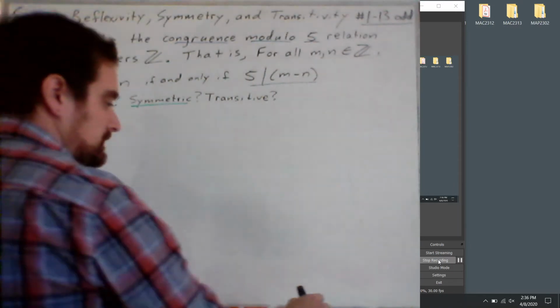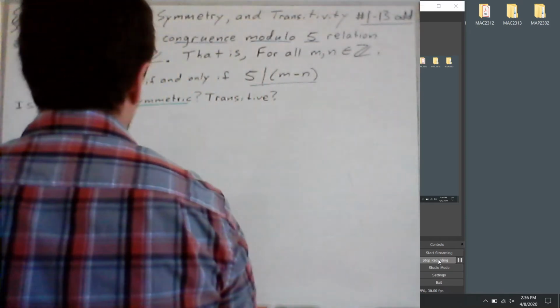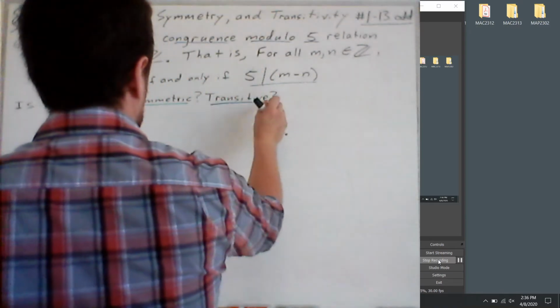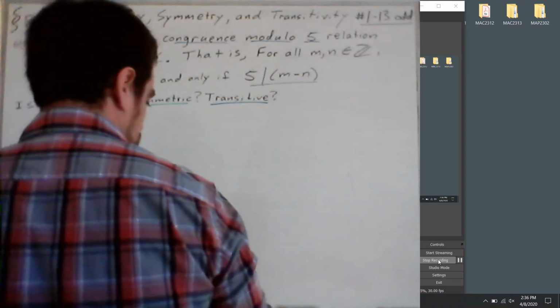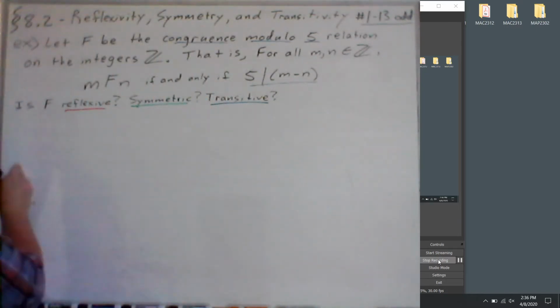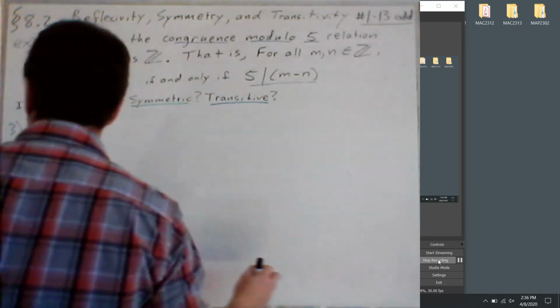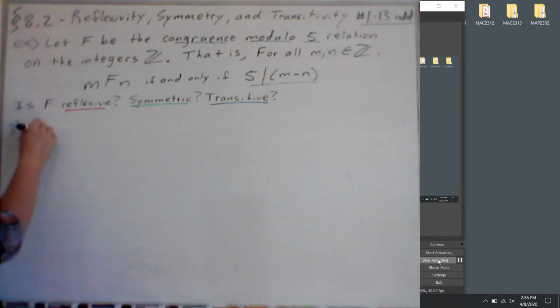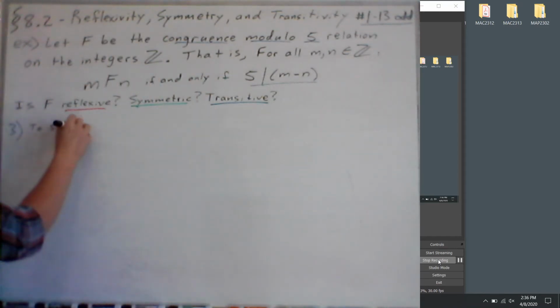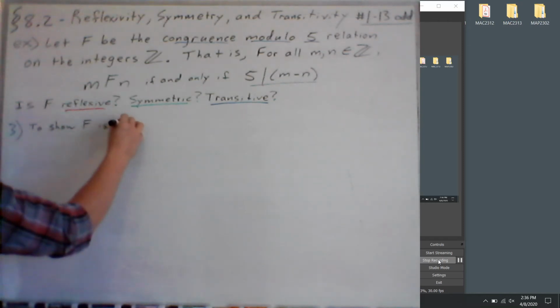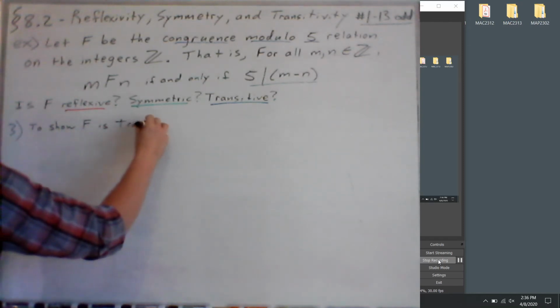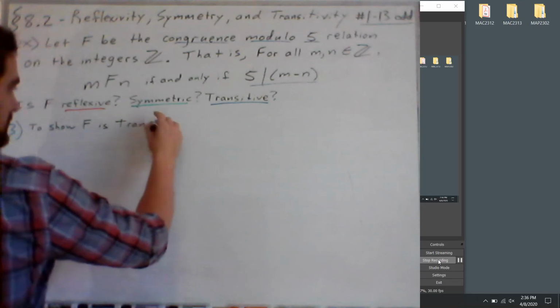So last but not least, we want to ask, is f transitive? And again, to actually do this, to show it's not transitive, you just need to come up with a finite example.